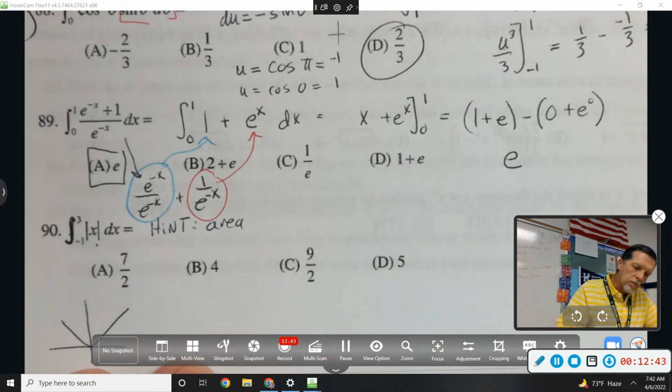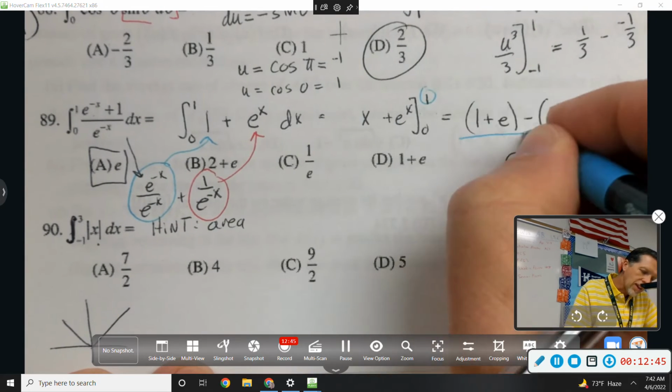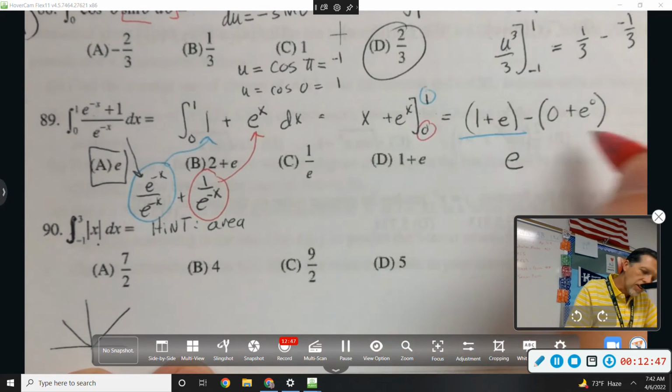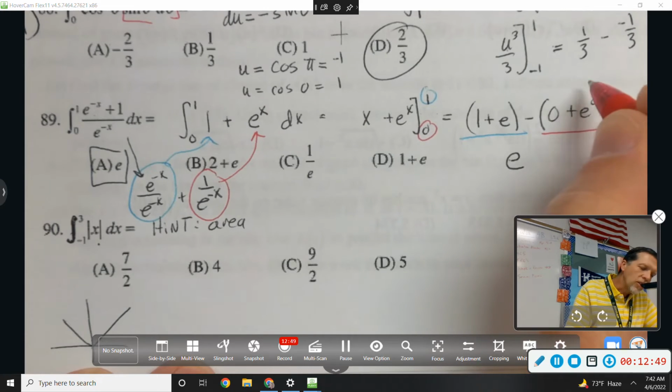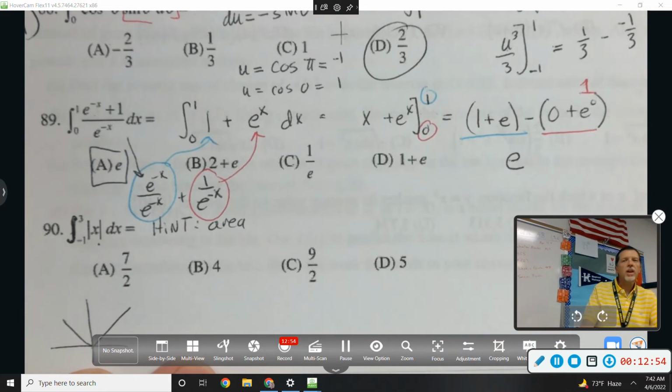So if I plug in 1, I get this, but when I plug in 0, I get that, and e to the 0 is 1, so that 1 minus 1 goes away.